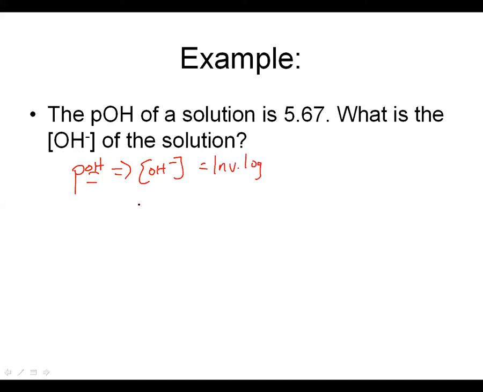So in this case, the OH minus concentration would equal the inverse log of the minus 5.67, which again on your calculator will probably make it look something like this. And if you do that, you will end up with 2.1 times 10 to the minus 6.